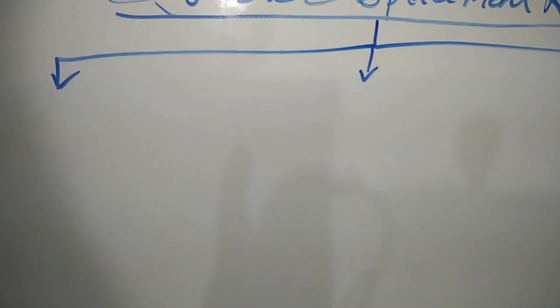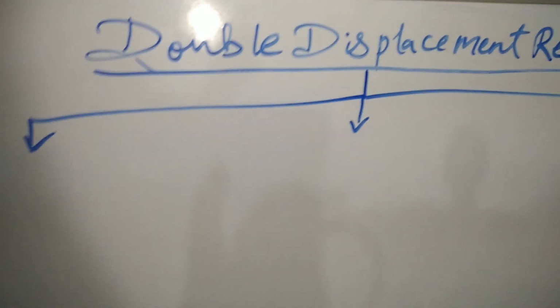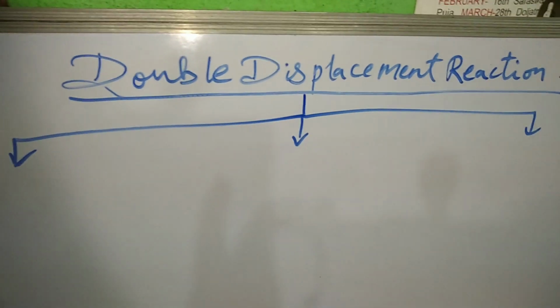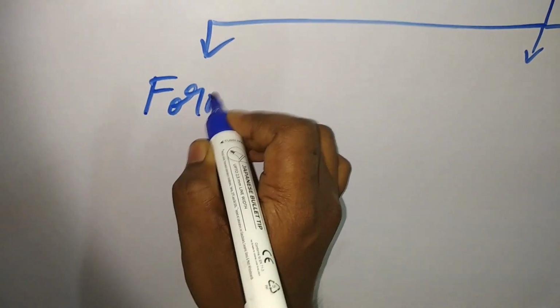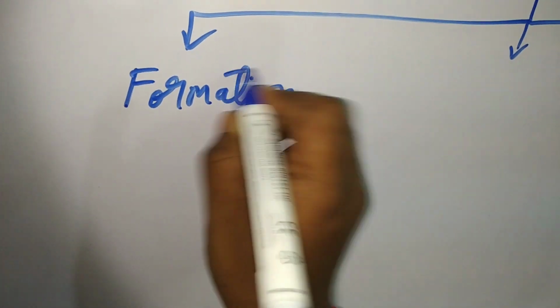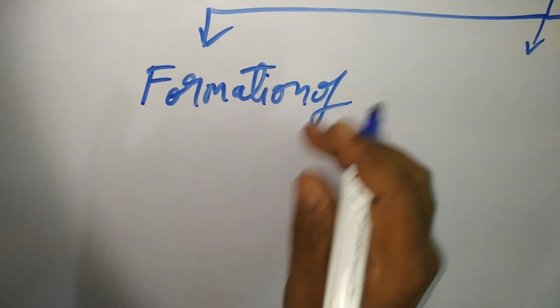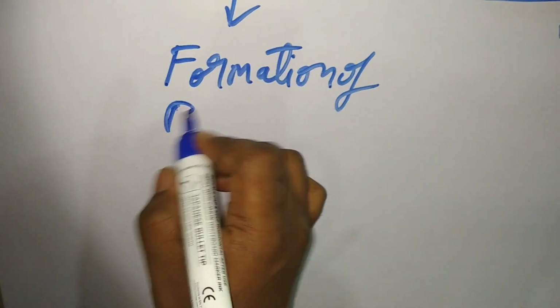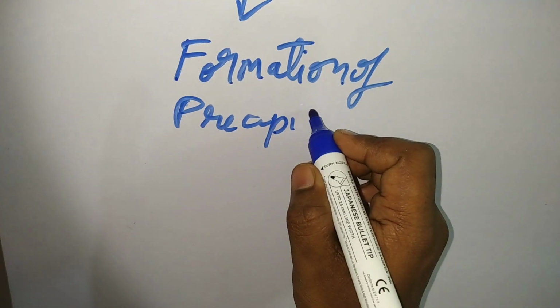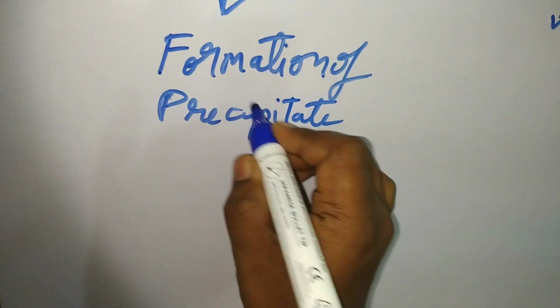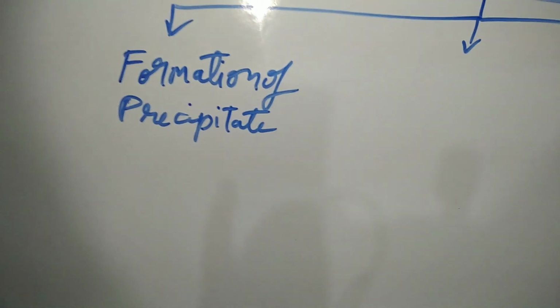Now we will see the different types of double displacement reaction. Basically there are three types. First one is formation of precipitate, means double displacement reaction with respect to the formation of precipitate.